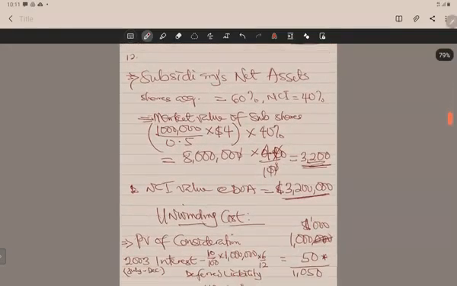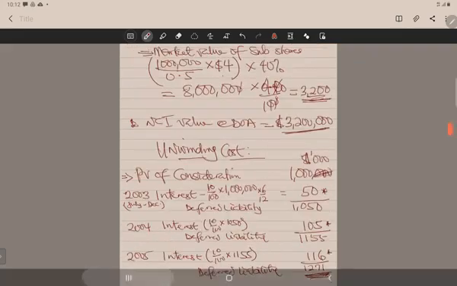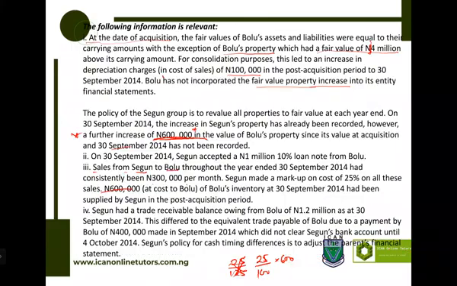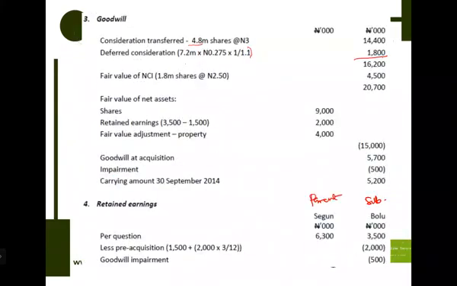This is the market value of the share, 1 million at 0.5. That was the shares that was acquired. They multiply by the market value, they multiply by the percentage. That is how you will also get these subsidiaries of Bolu as well. And that's how I've calculated my 1.8 million shares at 2.50, which gives me 4,500.